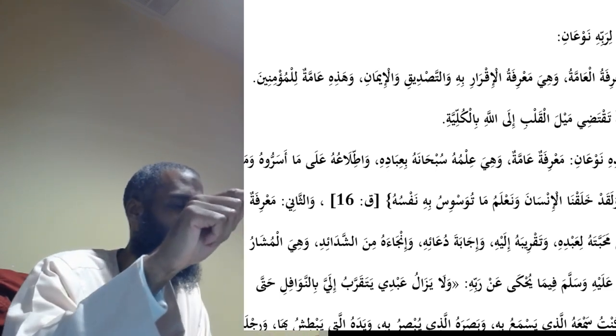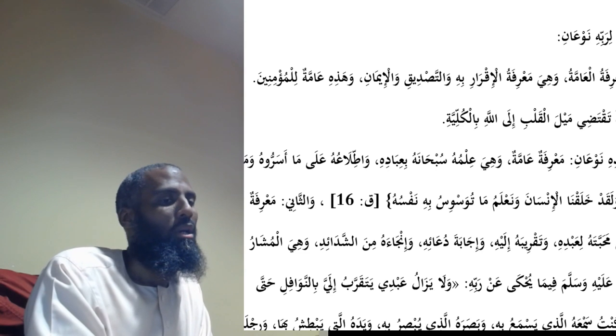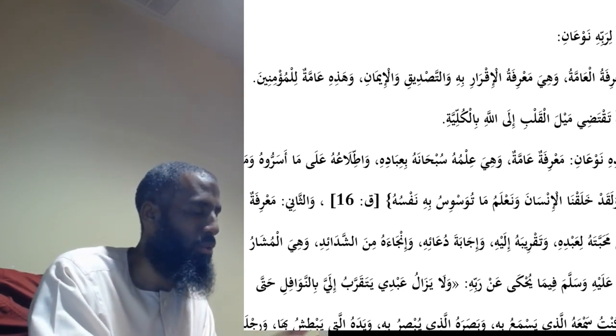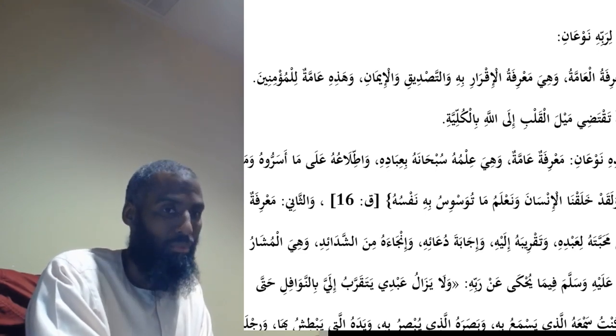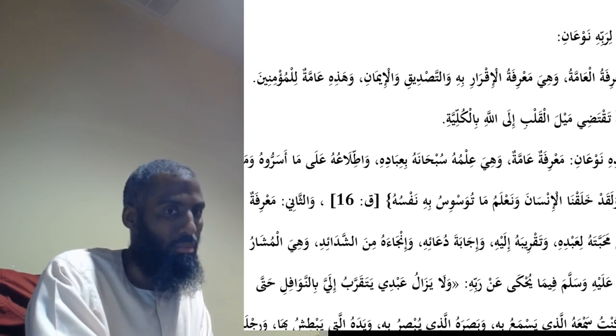That ayah will call your attention. The knowledge of Allah with respect to his servants. What's the second type of ma'rifah of Allah Ta'ala with respect to his servants? والثاني معرفة خاصة وهي تقتضي محبته لعبده.